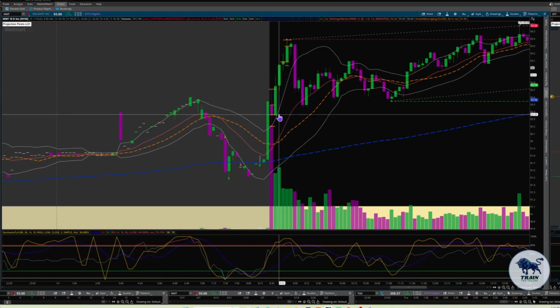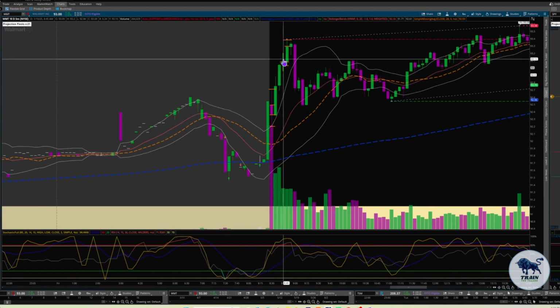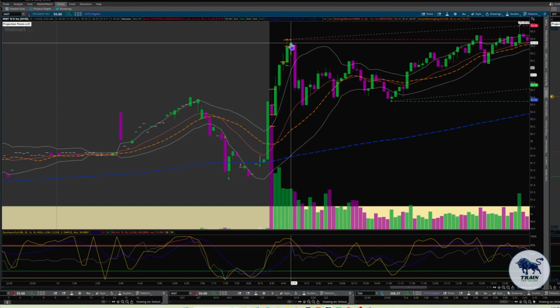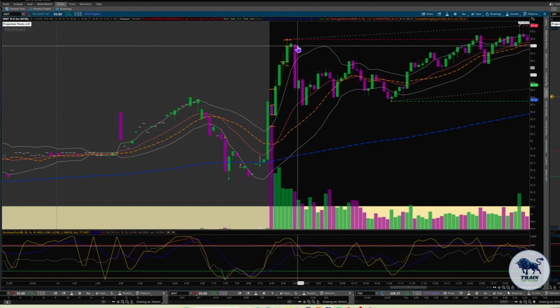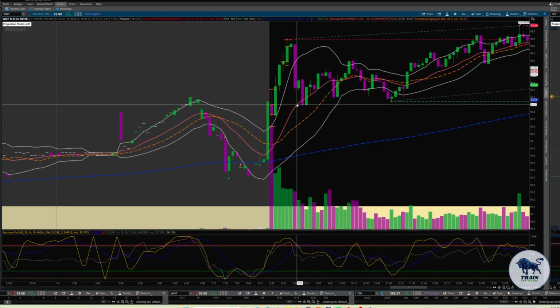Very clear to see that the buyers have stepped in right here. Buyers continue to push the price higher, higher, and then we get a reversal elephant candle with the open here and the close all the way down here.